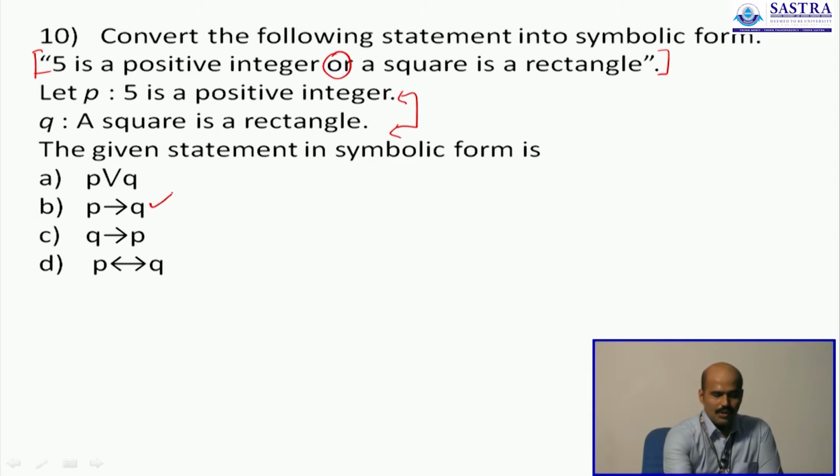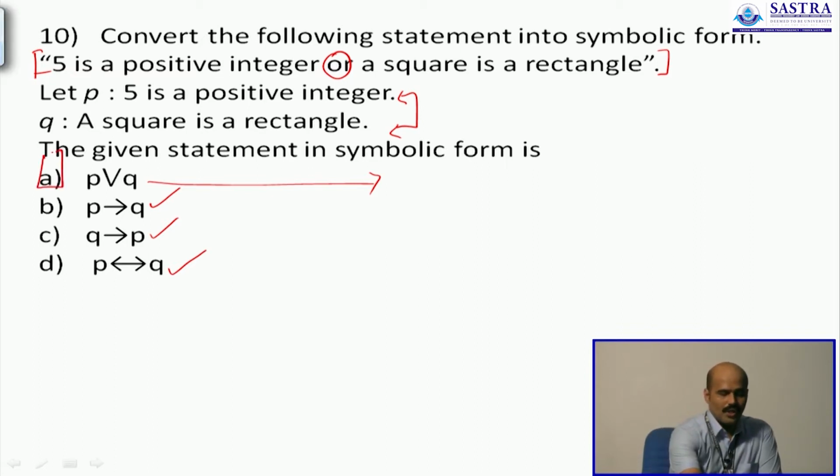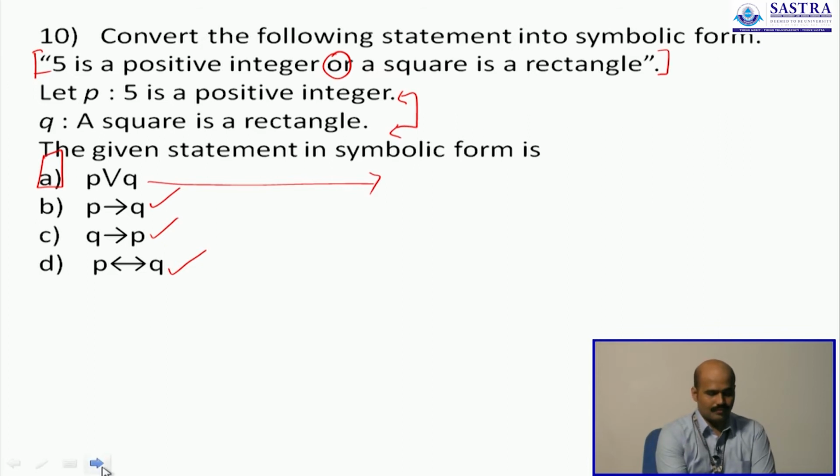So option B talks about a conditional, option C talks about a conditional, option D talks about a biconditional, none of which is what is being represented here. It is only option A which is right. Option A is about a disjunction because the word OR stands for either one of them may be true. That's what we know. Therefore it is a disjunction, and hence option A is the correct answer.